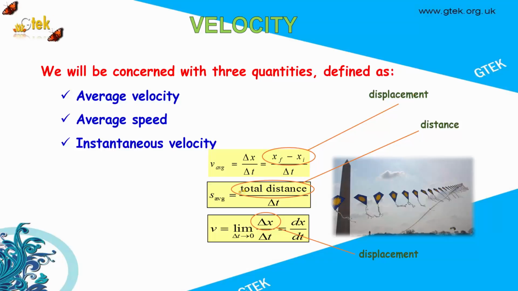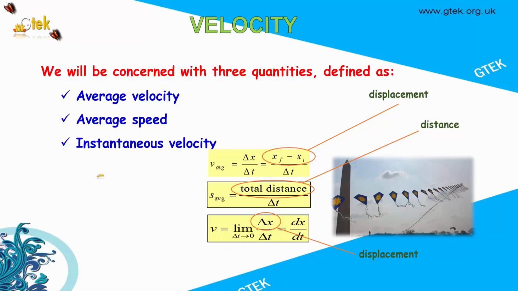And this one is the average speed, represented as S AVG. The average speed is calculated with the formula total distance divided by del t. Here the total distance is the distance.